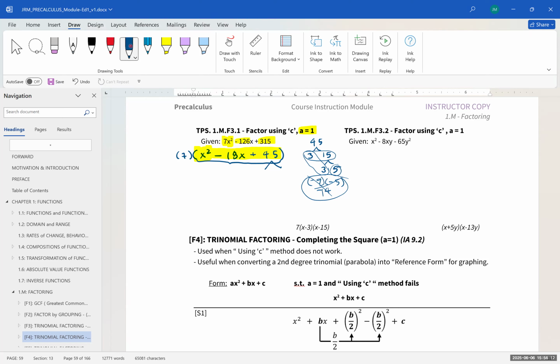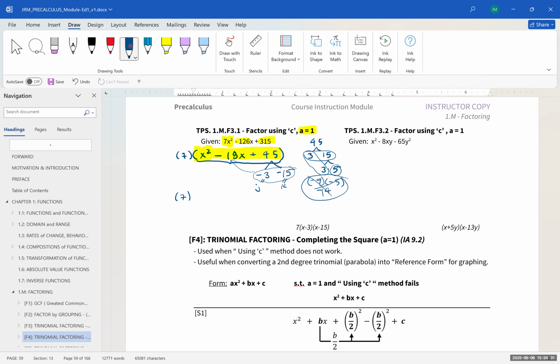But we could do 3 times 15 if we had negative 3 times negative 15. The negative 3 minus 15 would give us negative 18. So this is our j, and this is our k.